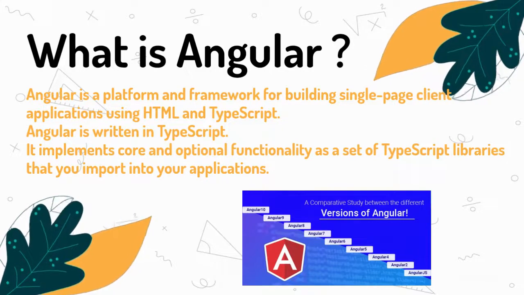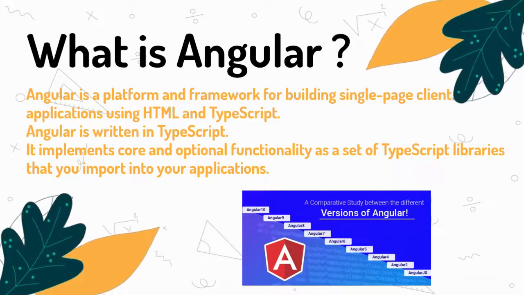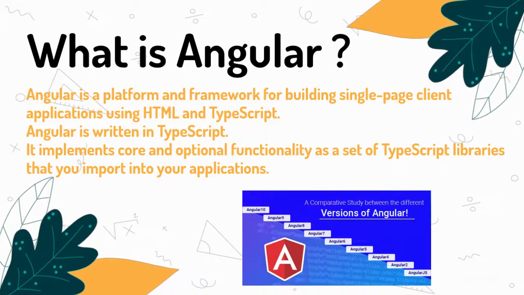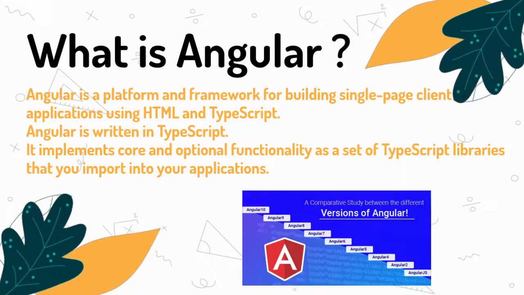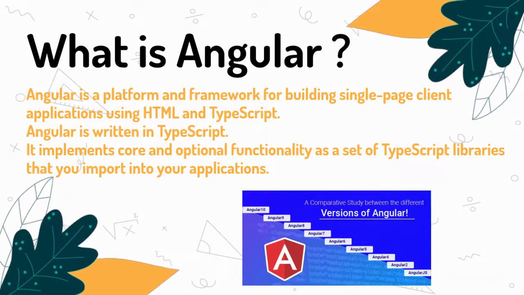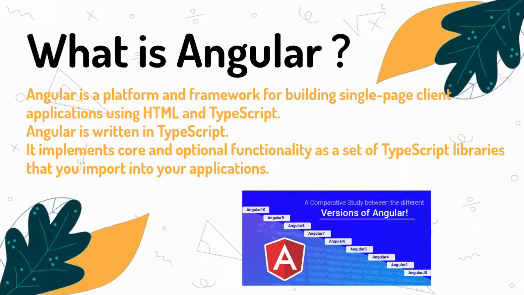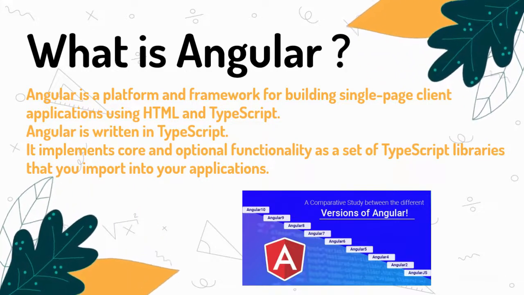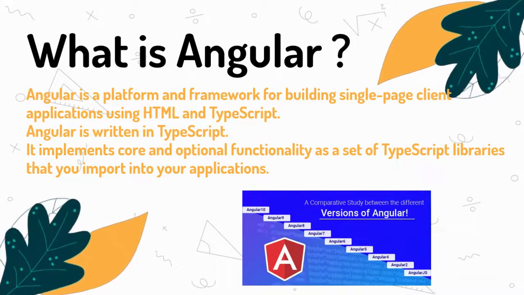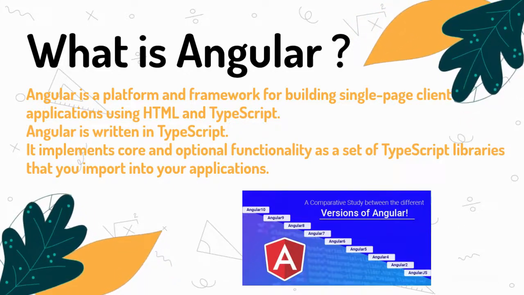We will definitely make a video on the difference between TypeScript and JavaScript too, so that you get to know how TypeScript is different from JavaScript. AngularJS is different from Angular because it uses JavaScript, and Angular uses TypeScript. I will also make a video on the differences between Angular and AngularJS, what differs here and there.